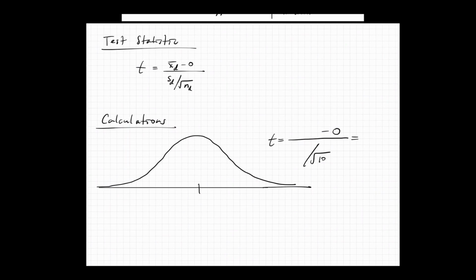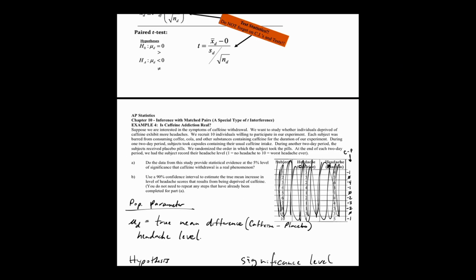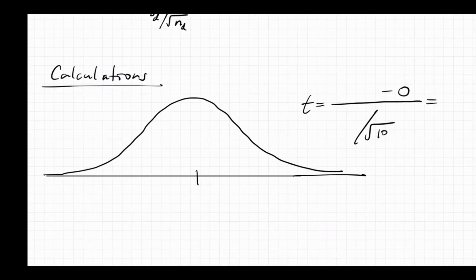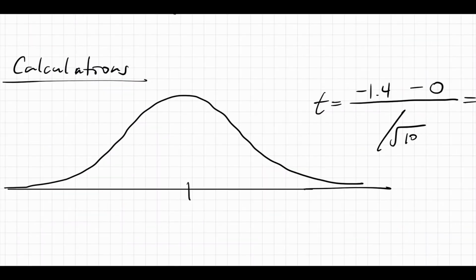I didn't put the average. Do you guys know what the average was for the list? -1.4, and then standard deviation 1.281. All right. -1.4, 1.281.